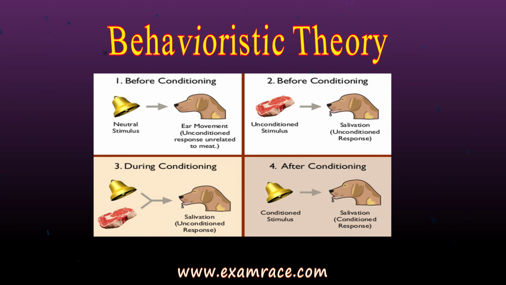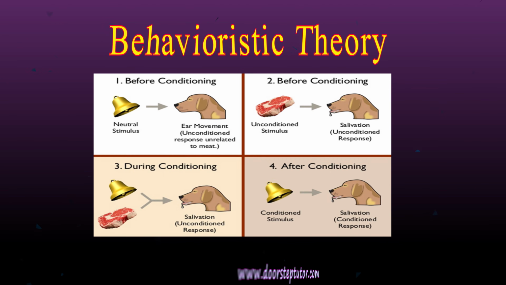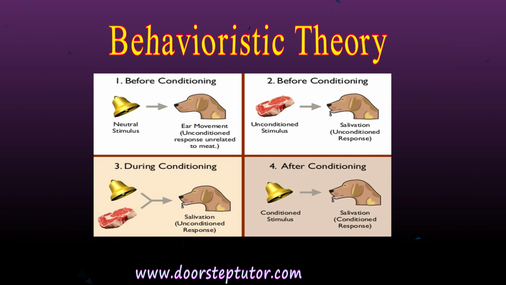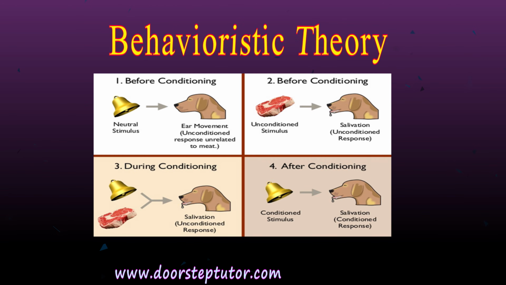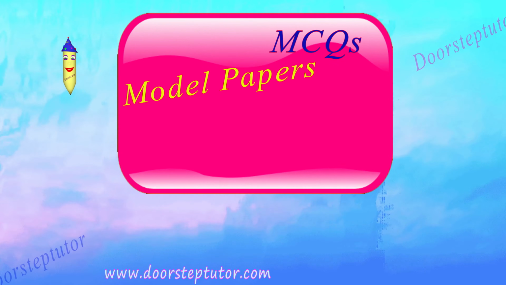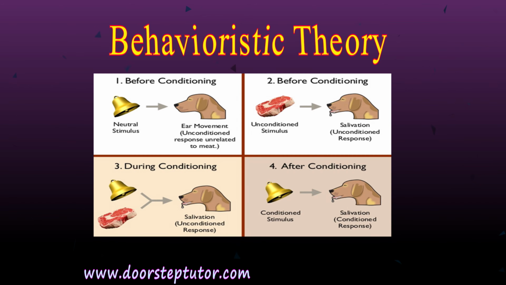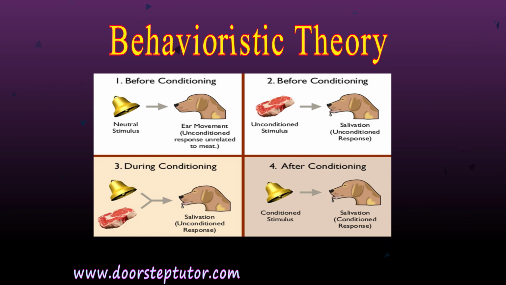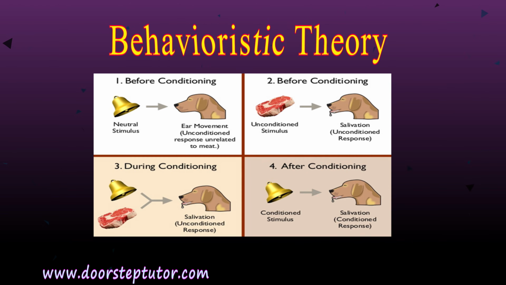Now, the dog has learned that whenever the bell rings, meat powder is presented. So, now whenever the bell rings, the dog salivates. This means that the dog is conditioned to salivate whenever the bell rings, though the meat powder is not presented. Now, let us understand this with the help of a diagram.